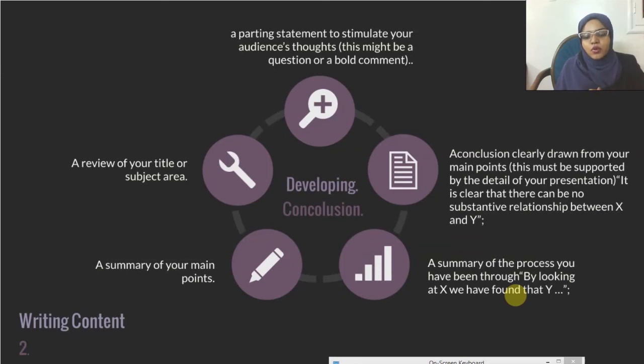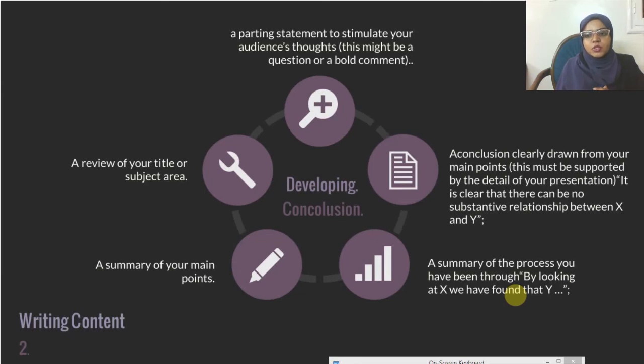So a conclusion is a review of your title or subject area. It's a summary of your main points. It could be a summary of the processes you have been through. For example, saying, by looking at X, we have found that Y is such and such. A conclusion clearly drawn from your main points. It's very clear; the audience or the listener can see the relationship between the different elements.